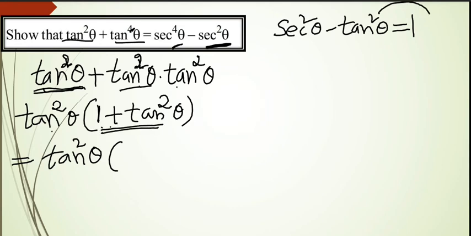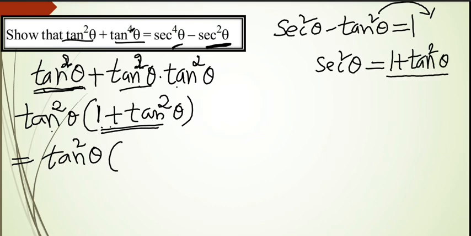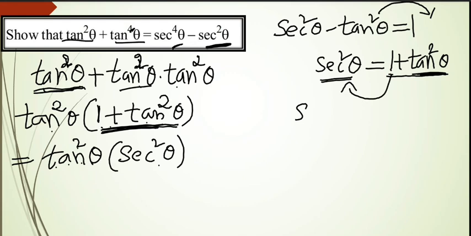When this tan square theta moves to the right side, this becomes secant square theta is equal to 1 plus tan square theta. That means whenever we have 1 plus tan square theta, we can write secant square theta. So here 1 plus tan square theta is there, we can write secant square theta. Okay, so one tan is converted into secant. And see the next one. Here we have tan square theta. Move this 1 to the left side once again. So we get secant square theta minus 1, which is equal to tan square theta.